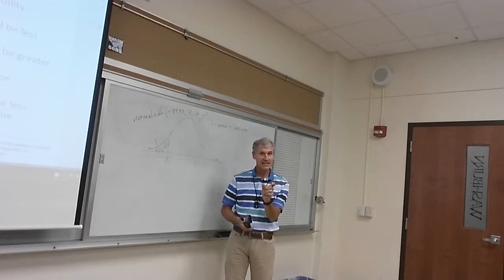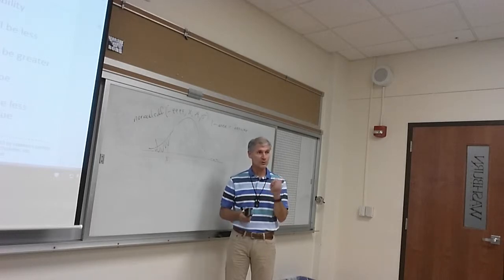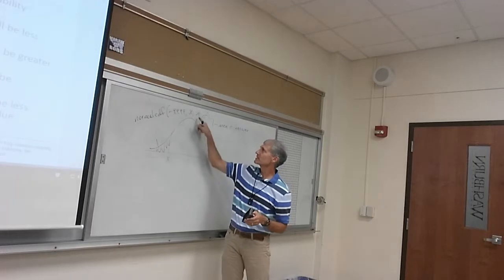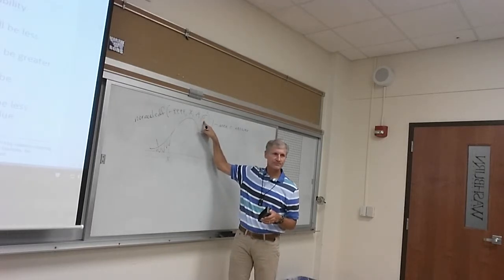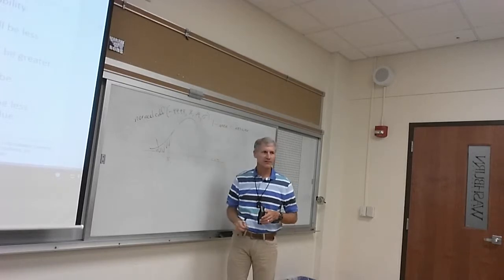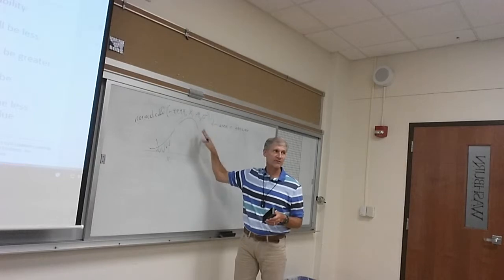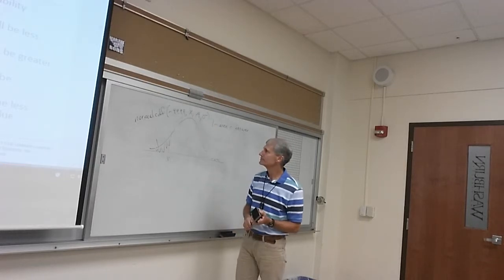So if you see a z, that should trigger in your brain, oh, this is standard normal. Those are standardized scores, so the mean is 0, the standard deviation is 1. If it's anything else, with some other mean and standard deviation, then they have to give you that. Otherwise, you couldn't work the problem.